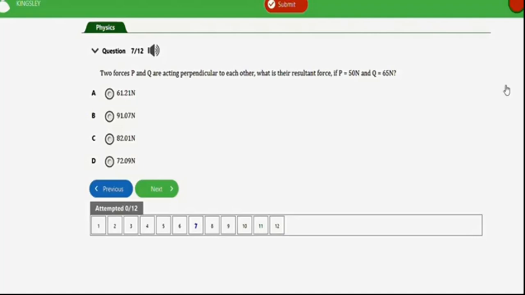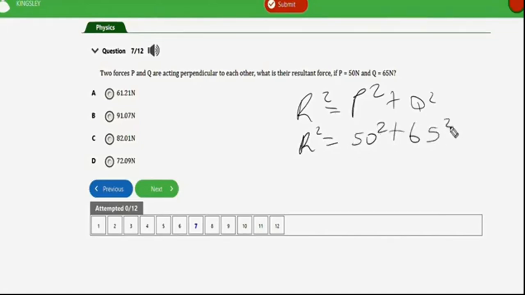Now note that when it comes to resultant of forces, this is the formula you can apply to get the work solved. So for resultant of force, you apply Pythagoras rule. So we have R square equals P square plus Q square. So this is R square equals 50 square plus 65 square.